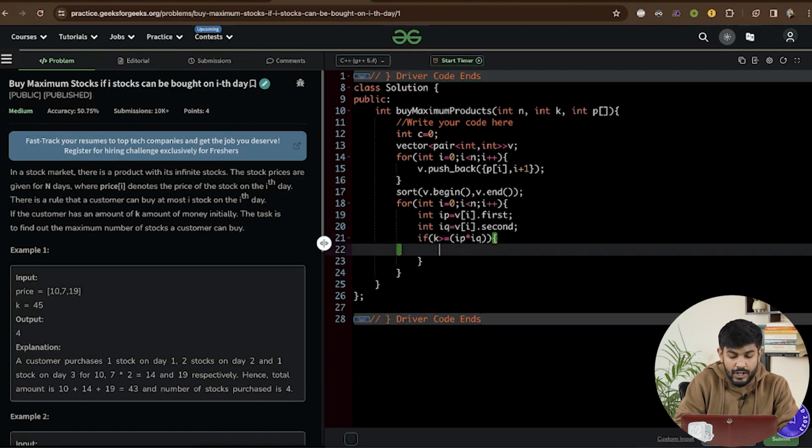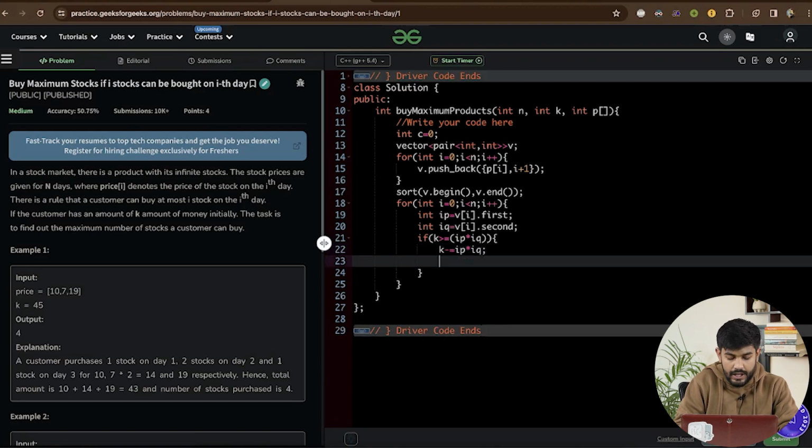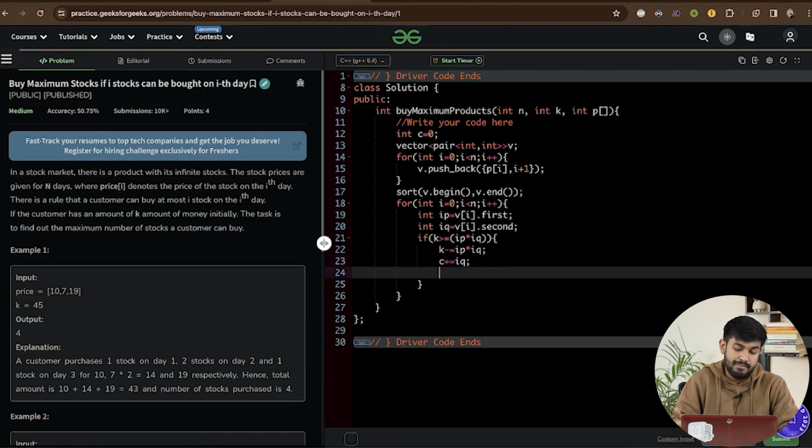If I have an option, then I would be doing K minus that, I would be decreasing the budget because I'm now buying it. Because if I buy it, my budget would also decrease, na? Individual pricing multiplied by individual quantity. Okay, and then I would be adding the individual quantity because I need to tell in my home how many kilos of potatoes I have bought.